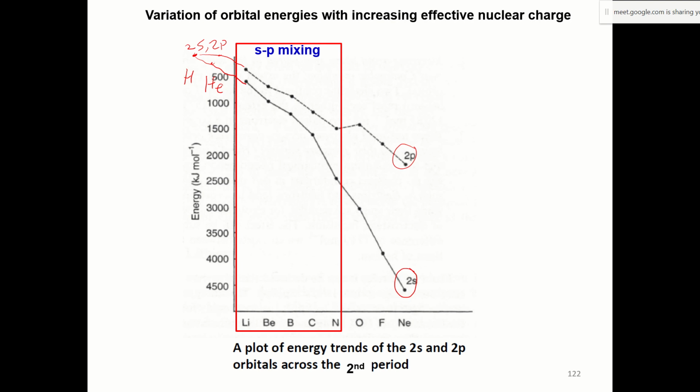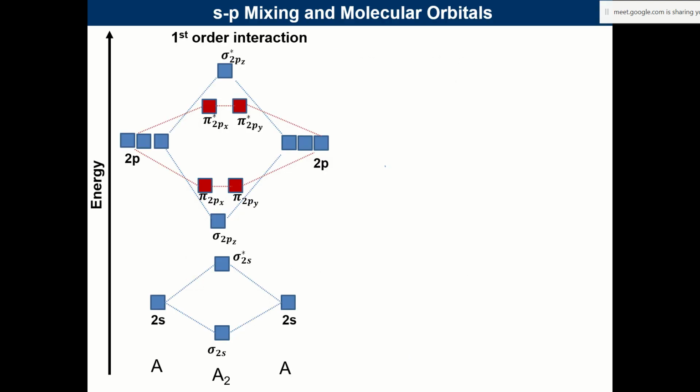So mixing can happen when they are very close to each other in terms of energy. In the case of oxygen or fluorine, the 2s and 2p levels are much farther apart in terms of energy, so there the mixing does not happen. How mixing happens, we understood in two steps.